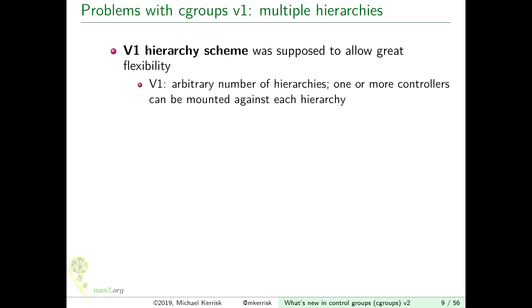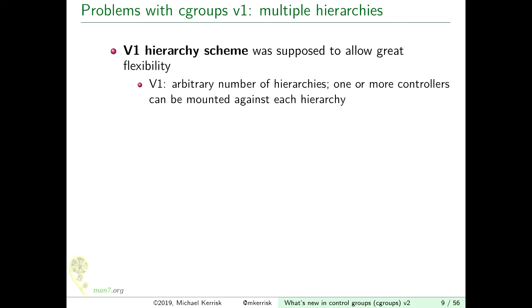So what were some of the problems with Cgroups version 1? The general idea of Cgroups version 1 is you could have multiple hierarchies. In Cgroups version 1, there are currently 13 different controllers, and in theory, you could attach each controller to a different hierarchy. The idea of this scheme was to let you have complete flexibility.